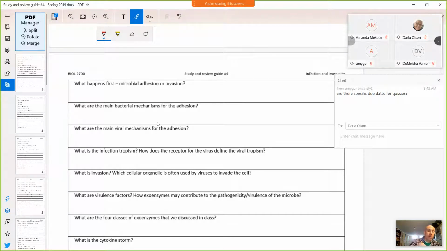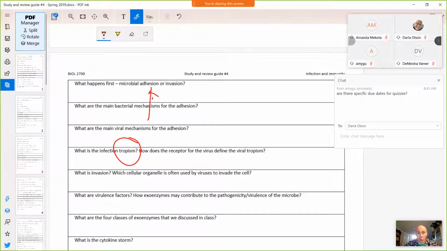Adhesion happens first. Bacterial mechanisms for adhesion, they're listed. It's adhesins, fimbriae, capsule, slime layer, pili. Main viral mechanism for the adhesion, viruses attach to the receptor. Infectious tropism, maybe some of you were puzzled with that word. Tropism means where infection happens.